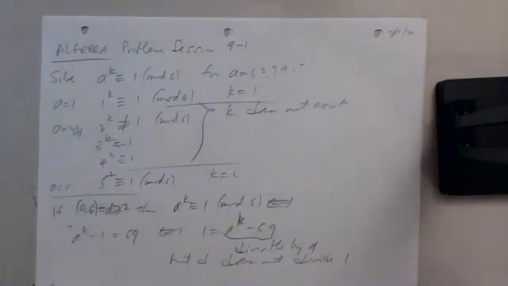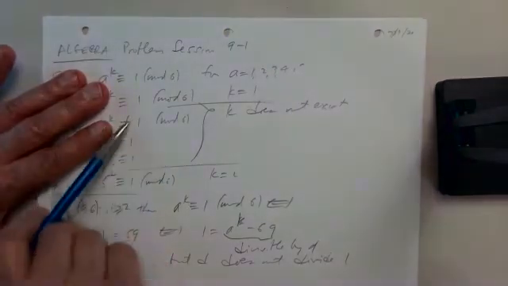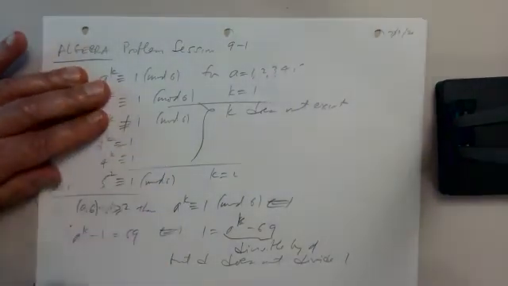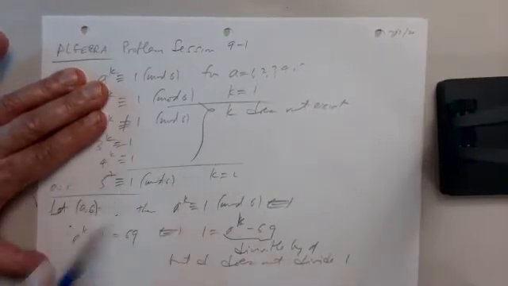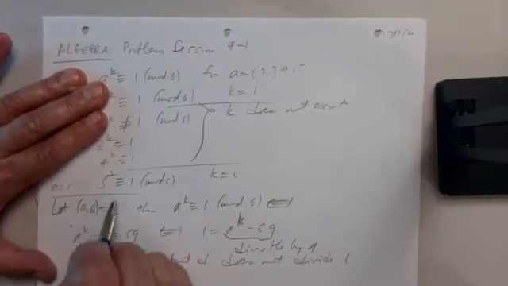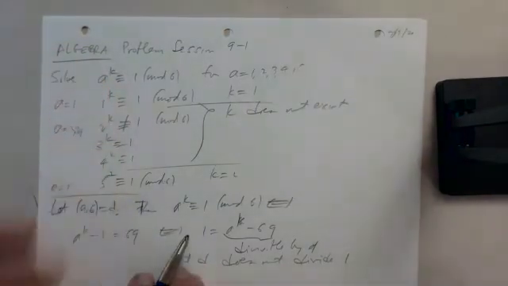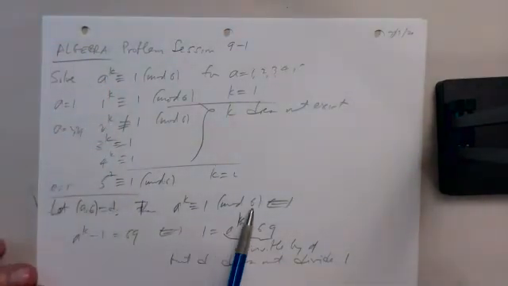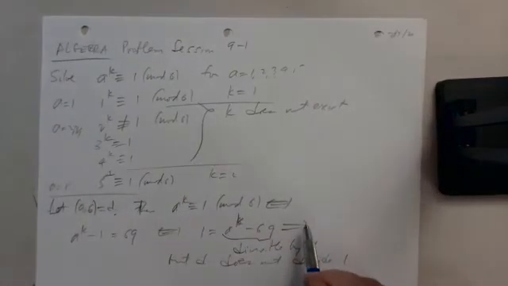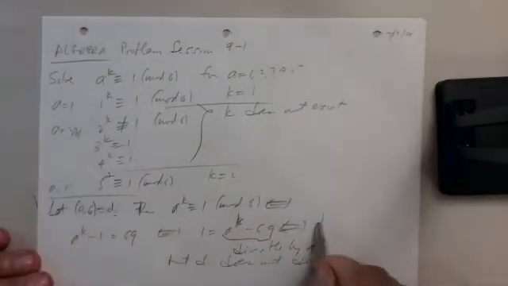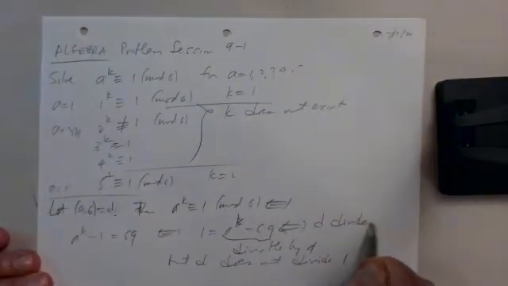Well, maybe I should just put it like this. Suppose we let the greatest common divisor of a and 6 be the number d. Then a to the k is congruent to 1 mod 6 if and only if a to the k minus 1 is a multiple of 6, or 1 is a to the k minus 6q, which happens if and only if d divides 1.